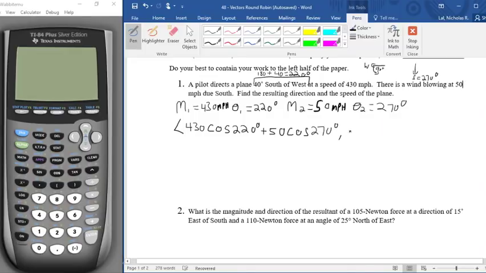Our vertical component is going to be 430 times the sine of 220 degrees plus 50 times the sine of 270 degrees.